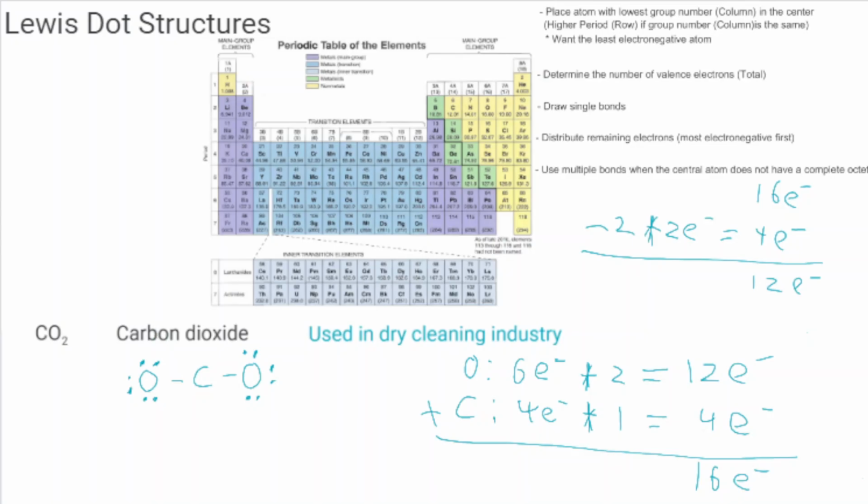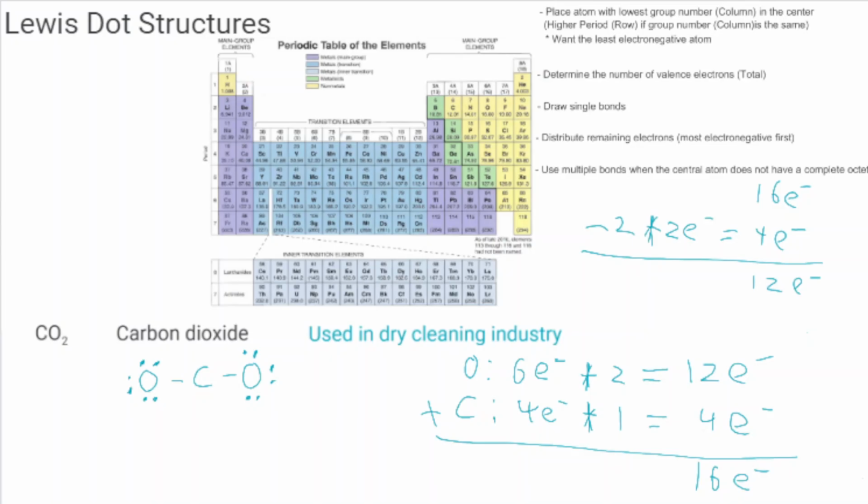So you might think that we're done now, but our problem is this carbon. This carbon only has 2 bonds on it for a total of 4 electrons, so it's not obeying the octet rule. So whenever you find yourself in a situation where you are out of electrons to use, and you're not obeying the octet rule for all your atoms, this is when we're going to introduce multiple bonds.